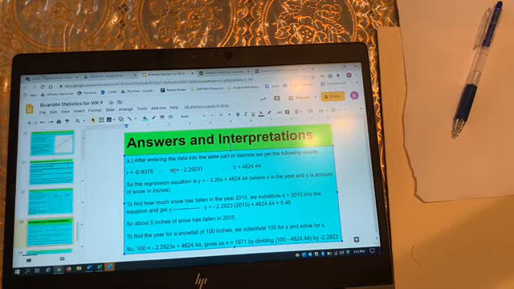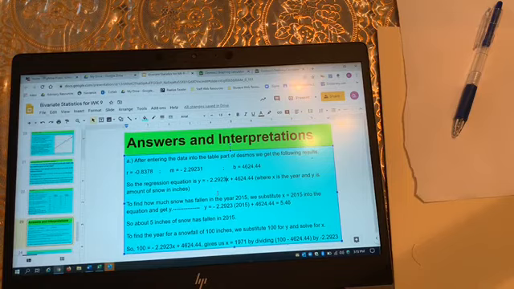And m is also negative, 2.2923, with the intercept 4,624. So the equation is y equals negative 2.2923x plus 4,624, where x is the year and y is the amount of snow in inches.